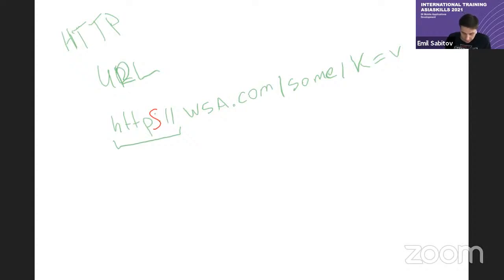And then here we can see the address of our server, like a domain. And we can see that this domain is divided into a few parts with a dot, like a top level domain, first level domain, and so on.